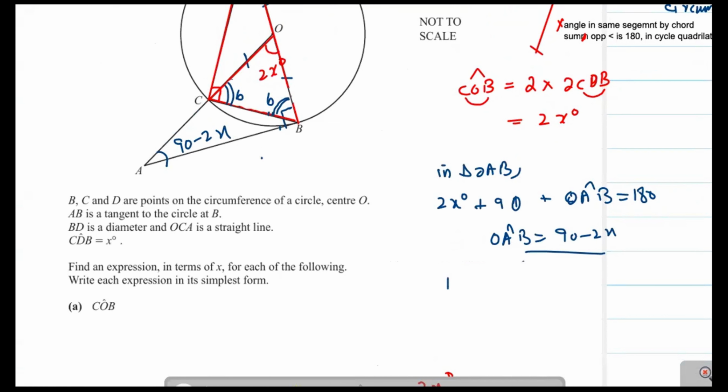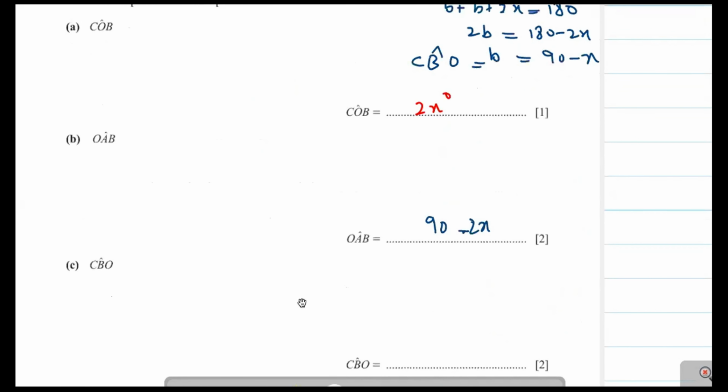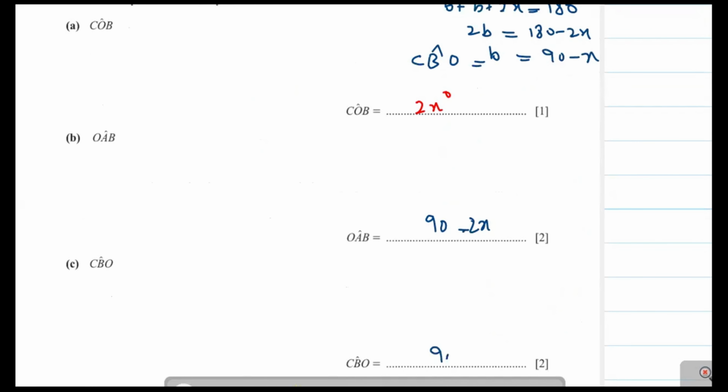Now we can write b plus b plus 2x equal to 180. Now 2b equals 180 minus 2x, and b will be equal to 90 minus x. We divide this expression by 2, we get 90 minus x. Therefore, the angle CBO is equal to 90 minus x. We write this angle here, 90 minus x, and this is the answer.